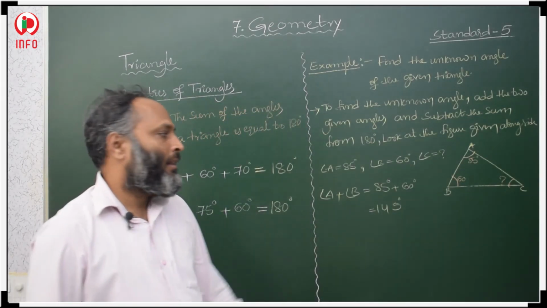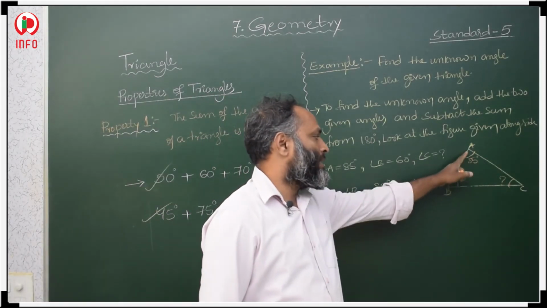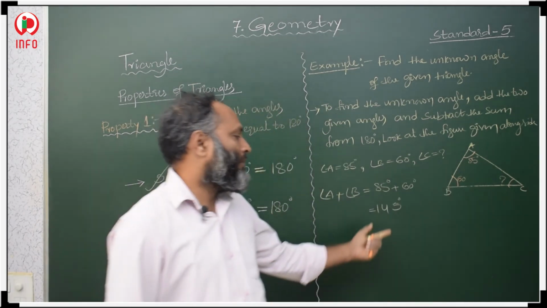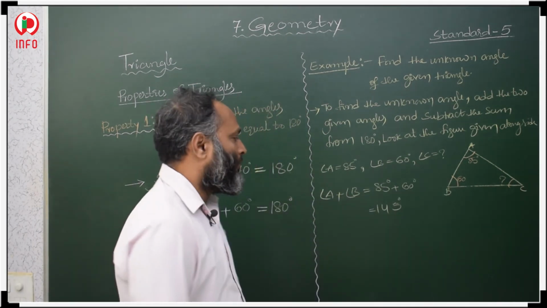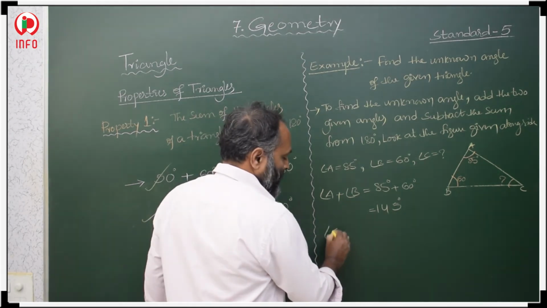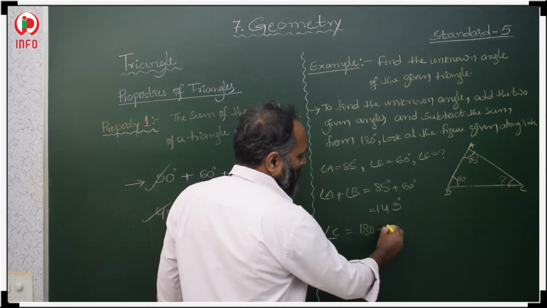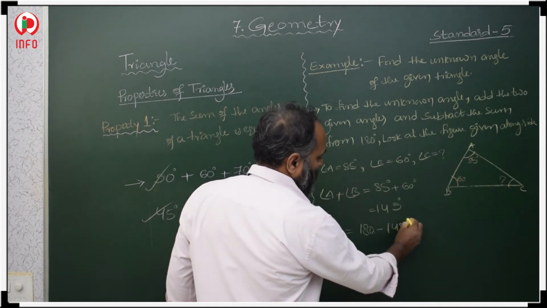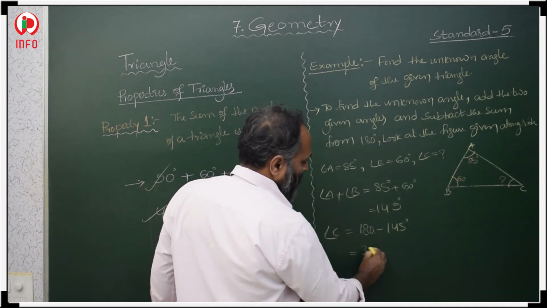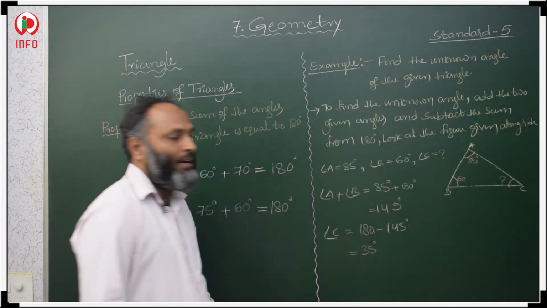The sum of these 2 angles is 145 degrees. Then how do we find angle C? We have to subtract this sum from 180. Then how much is it? 35 degrees. In this way we have to find it.